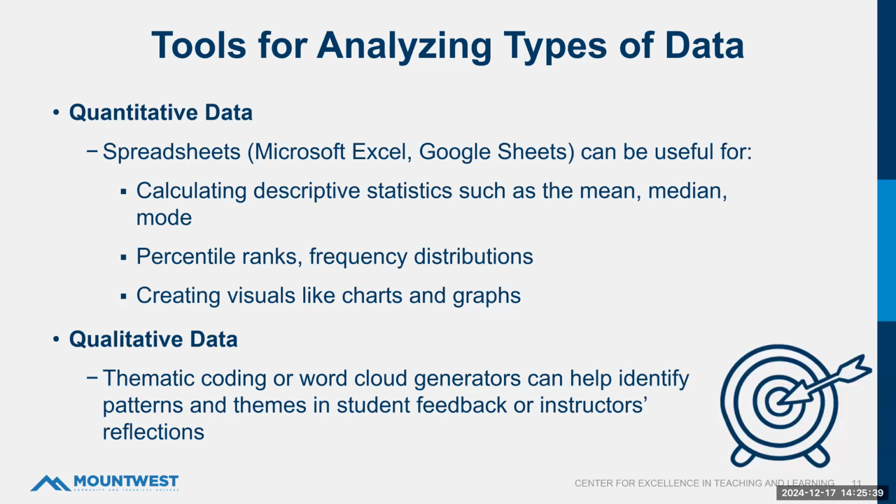I usually use Excel or Google Sheets. I like a spreadsheet because it allows me to organize my data. I can group bits of data into, here's the data I collected on learning outcome 1, here's the data on learning outcome 2.